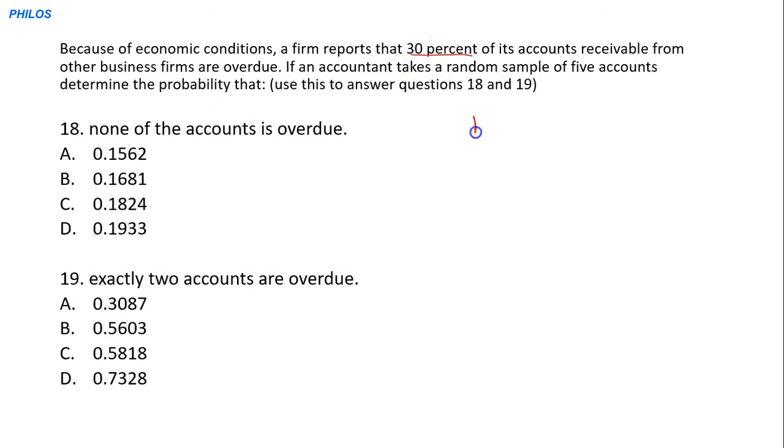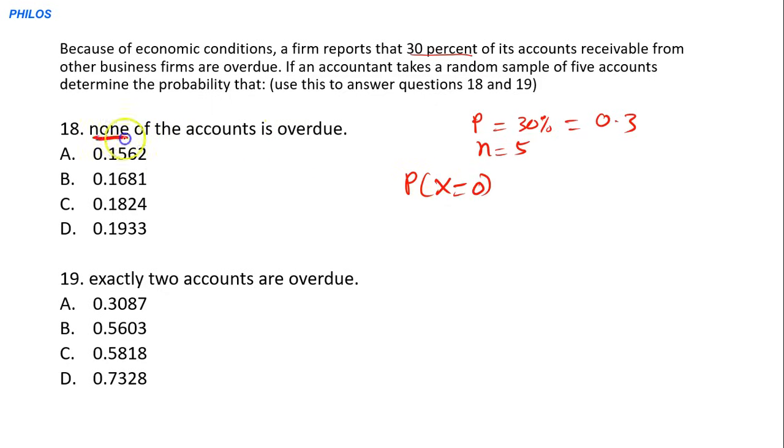So meaning that P, probability, is 30%, which is 0.3. But the question says if an accountant takes a random sample of 5 accounts, so meaning N is 5. So to use the binomial formula, you are going to find a probability that none of the accounts is overdue, meaning X is equal to 0.